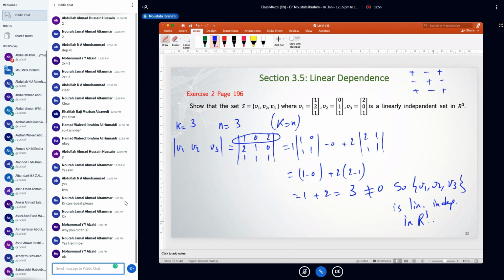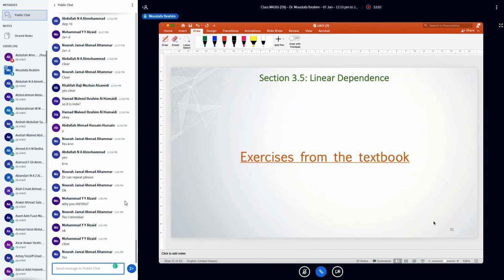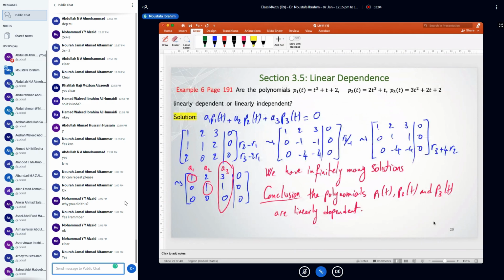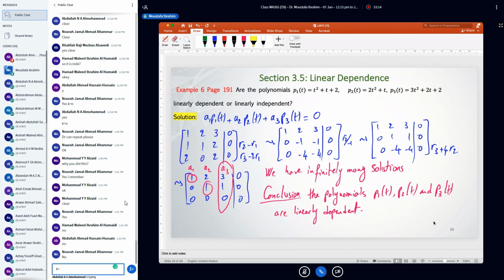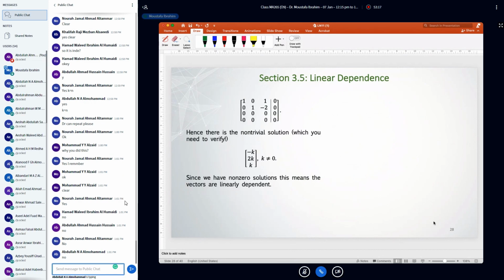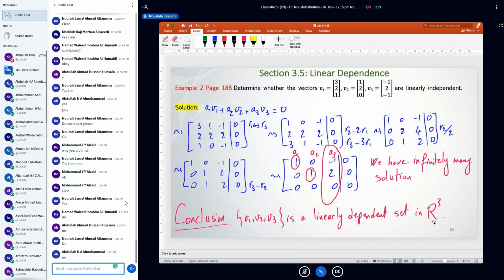Clear, Hamad? Nora, everything's fine? Here, can we use determinant, guys? Here, no. Why? Because we don't have Rn. Pay attention. Here, can we use determinant?